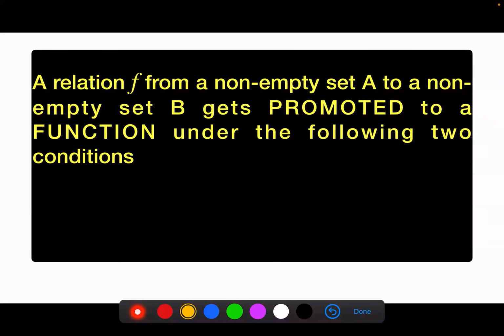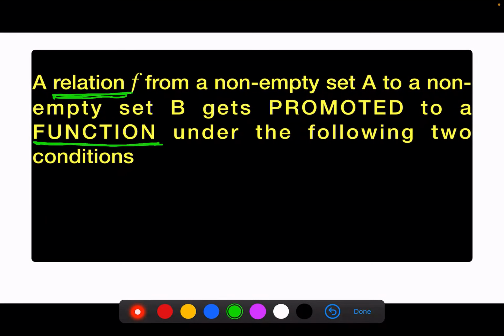So again, I'm trying to repeat this idea. So what are we saying? A function is a relation, but not all relations are functions. So a relation F from a non-empty set A to a non-empty set B gets promoted to a function under the following conditions.